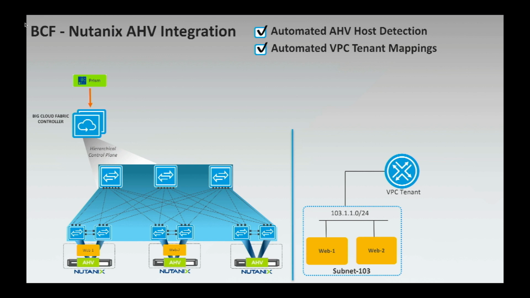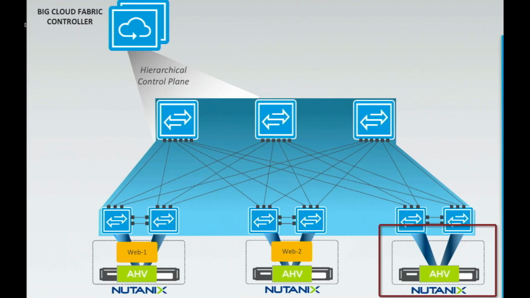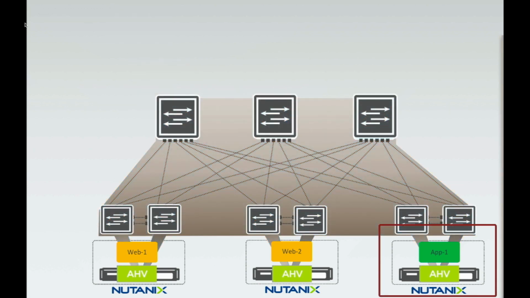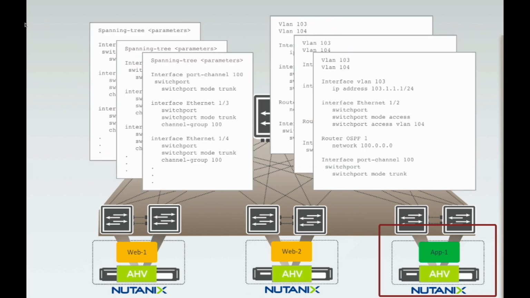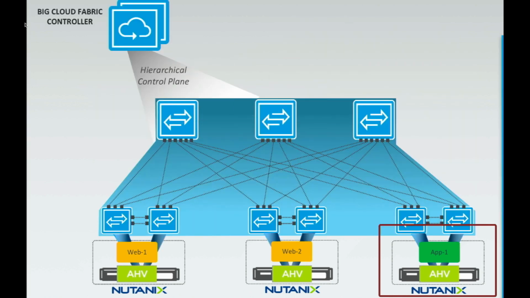Next thing that I want to show you very quickly is, let's say now I want to bring up an app VM on, let's say, VLAN 104, right? In a traditional environment, if you want to get this done right, you have to do a lot of things. Start creating MLAGs first. Then start creating routing, CVI interfaces across all the switches, OSPF runs, all those things, depending on how big your environment is.